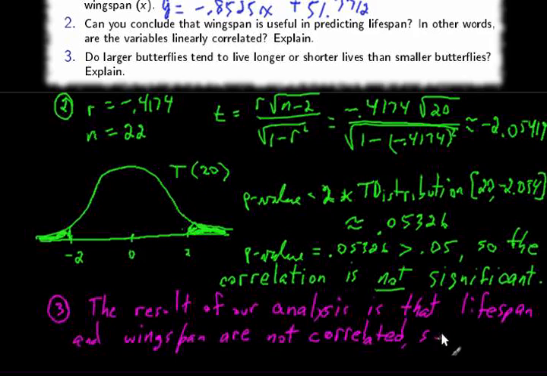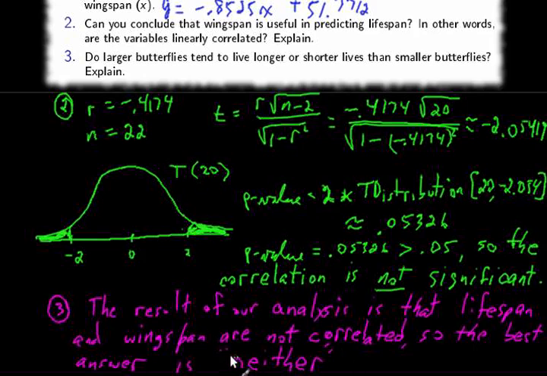So the best answer is neither. Big butterflies can live any lifespan, and small butterflies can live any lifespan. There's no correlation between the two.